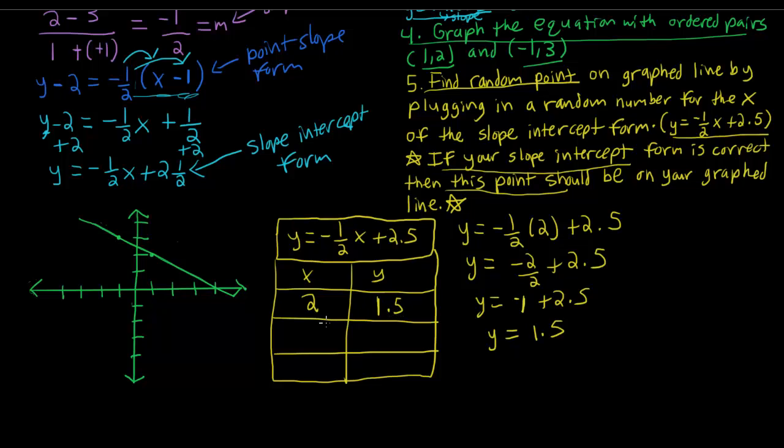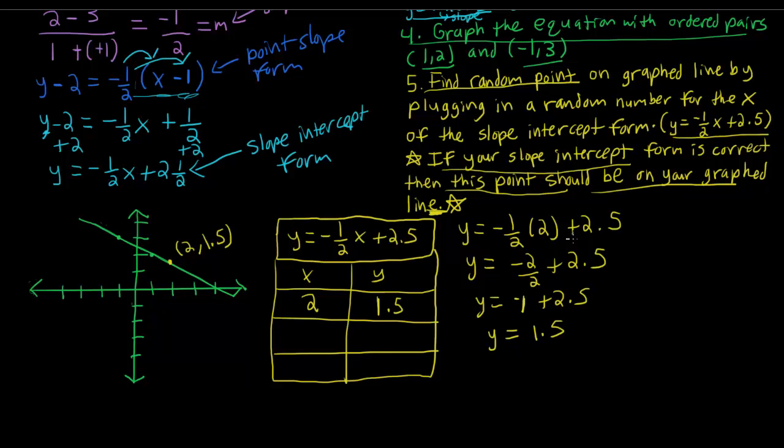So our ordered pair here is 2 and then 1.5. So if we go to our chart, we have 1, positive 2, and if we go up 1 and up another half, we have our point right about here. And as you can see, this ordered pair, 2, 1.5, is graphed on our line.